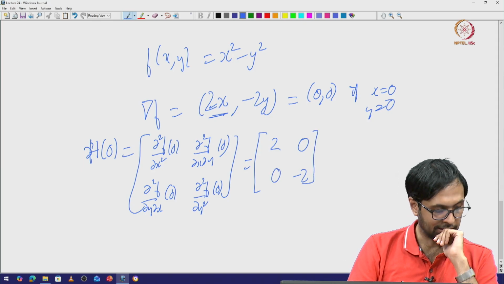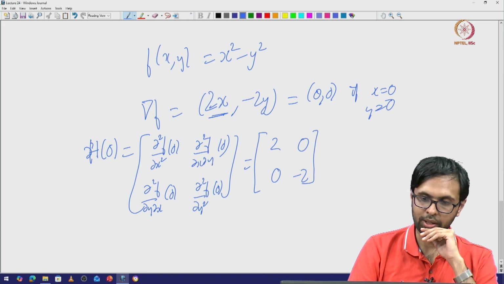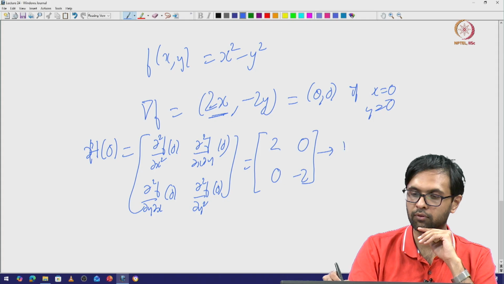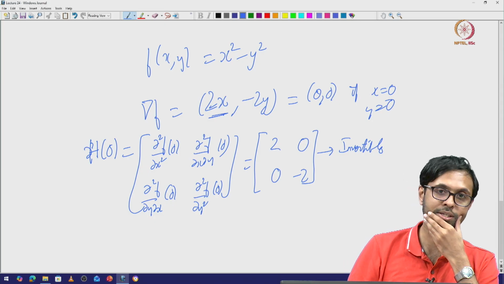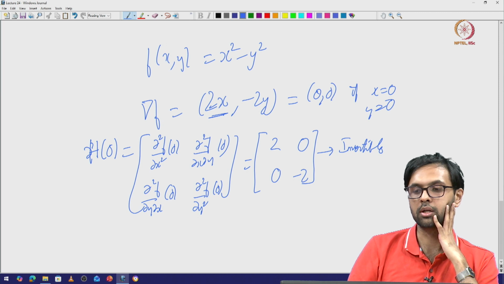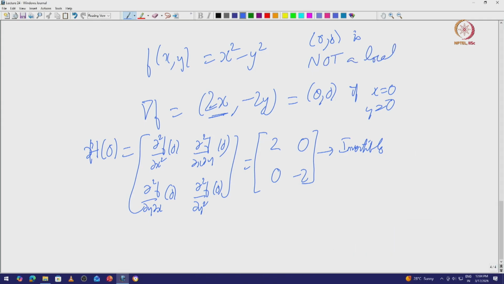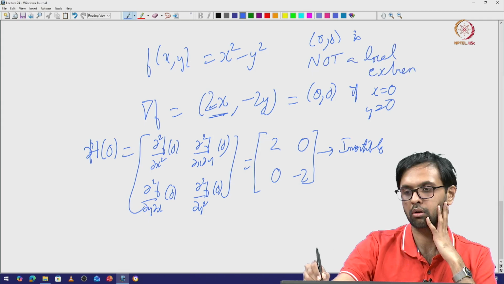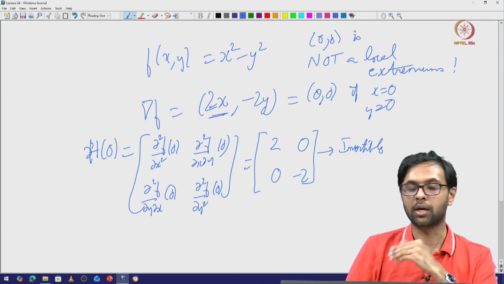Now this is a very strange sort of affair. The point is, the Hessian is invertible as a matrix. It's of course invertible, because the determinant is minus 4, or you can explicitly find the inverse. But the point is, (0,0) is not a local extremum. This is very, very puzzling.